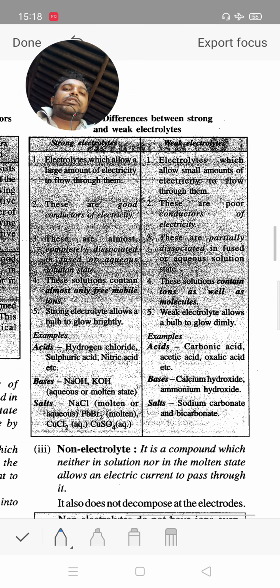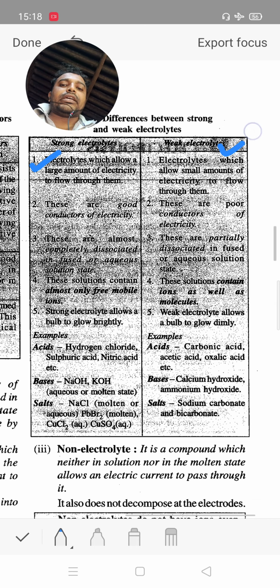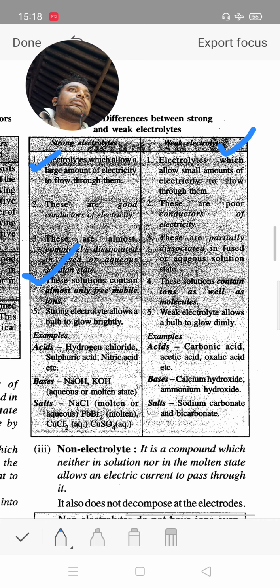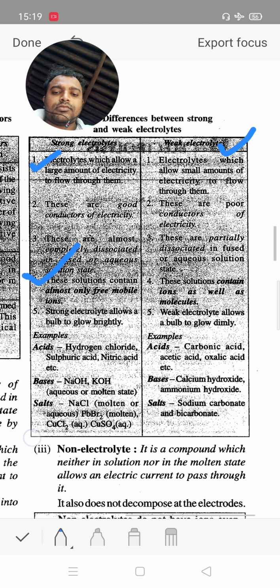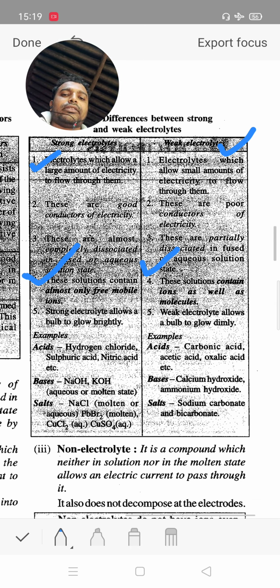Now the difference between strong electrolyte and weak electrolyte. Strong electrolyte means it is completely dissociated into ions in the aqueous solution, and weak electrolyte is partially or incompletely dissociated into ions.